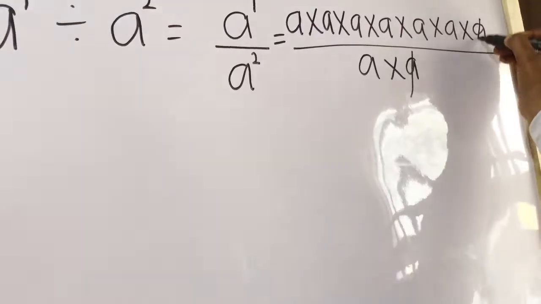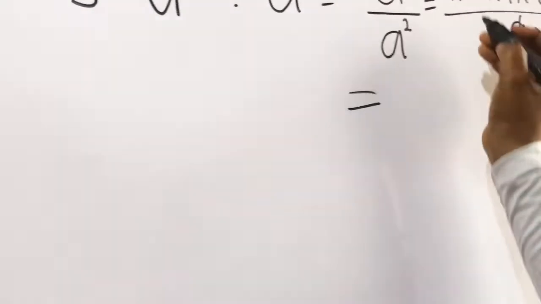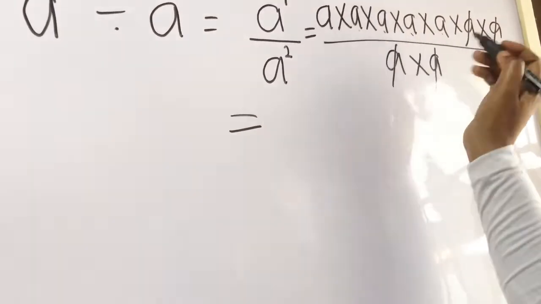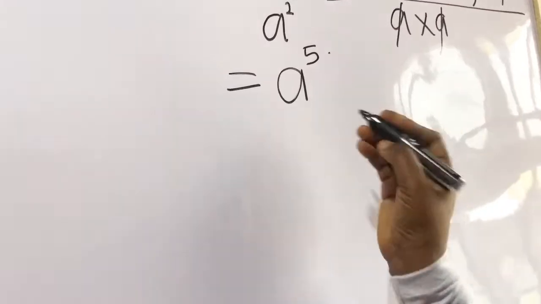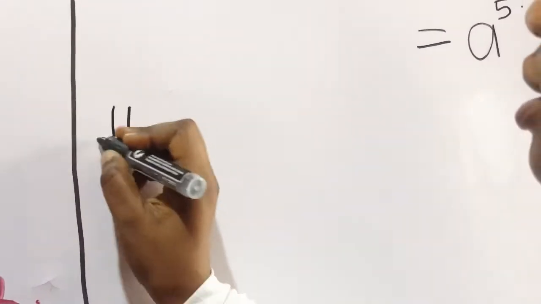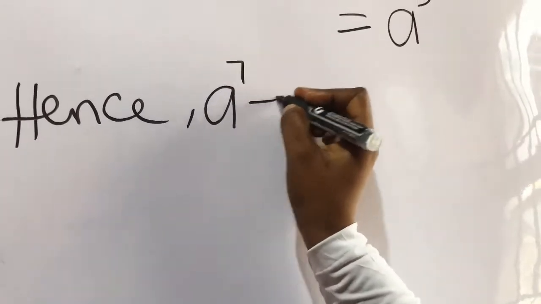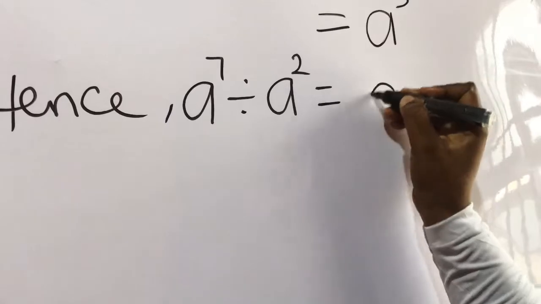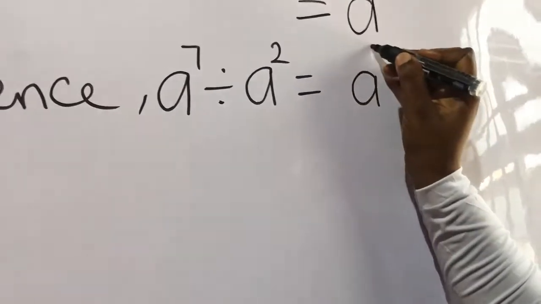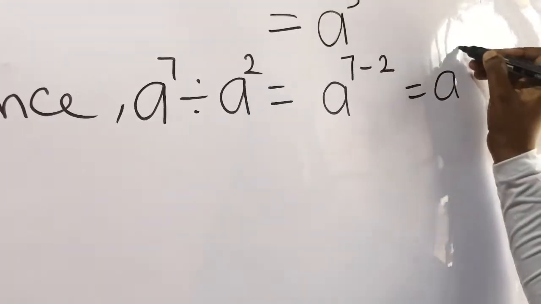So a cancels a, a cancels a. So we are left with 1, 2, 3, 4, 5, a raised to the power of 5. So hence a raised to the power 7 divided by a raised to the power 2 is equal to a raised to the power of 7 minus 2, which is equal to a raised to the power of 5.